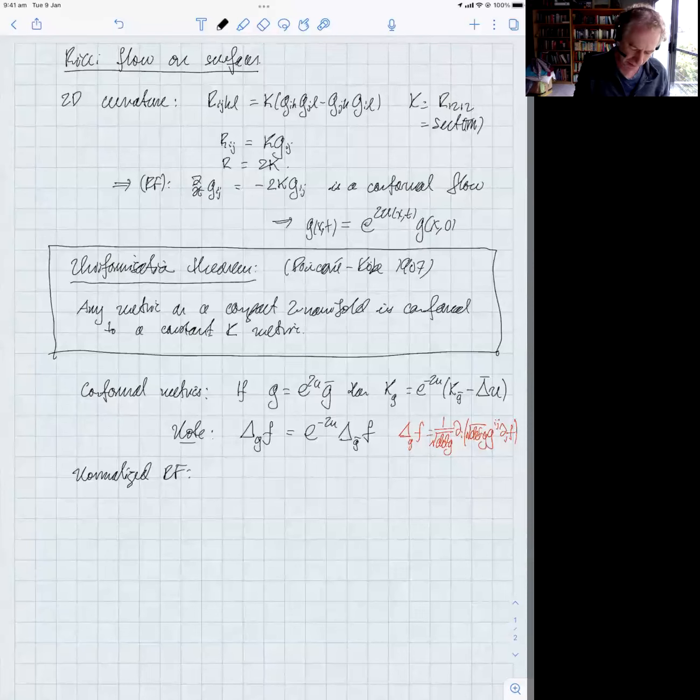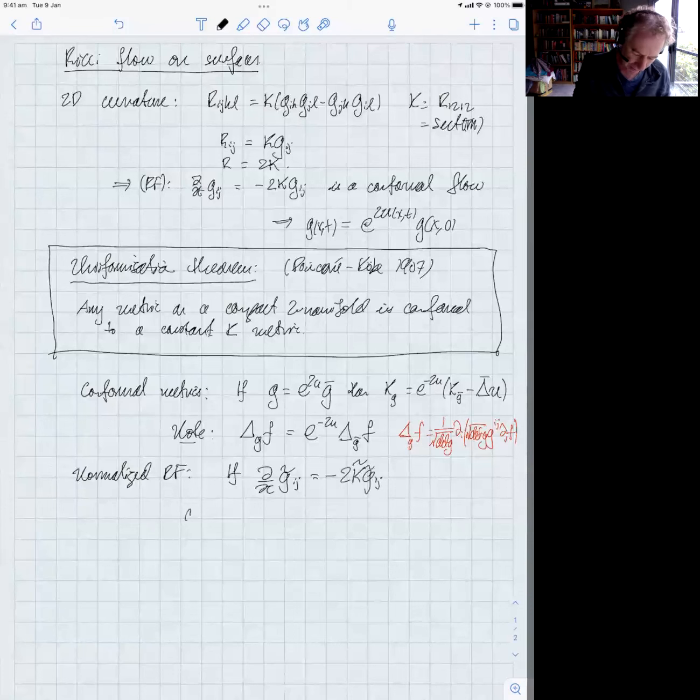So let's suppose we have a solution of the unnormalized Ricci flow. So let me call that G tilde, because I want to eventually work with things without tildes. So my unnormalized things are going to be G tildes. So if I have d by d tau of G tilde ij, this is evolving by Ricci flow. This is just minus 2 Gauss curvature tilde times G tilde ij.